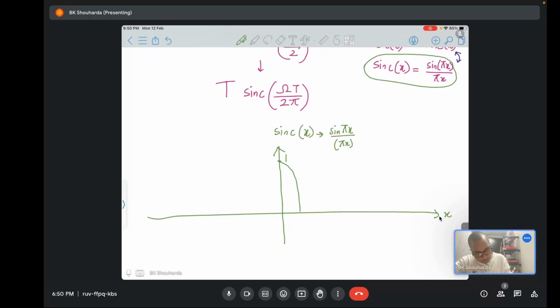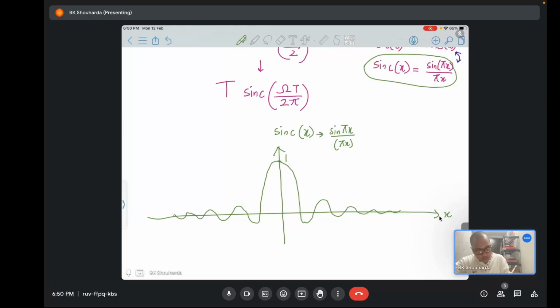It goes down, it has a 0 crossing, it goes up, 0 crossing, goes down, and it keeps on oscillating and dying. Similar thing happens over here, it keeps on oscillating and dies.